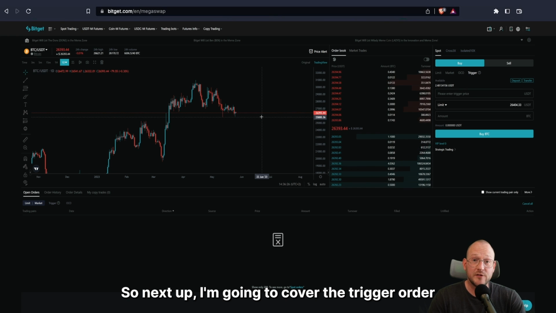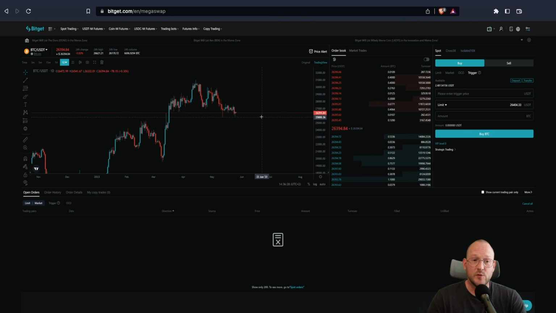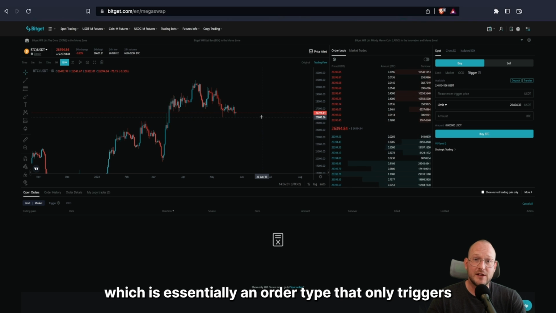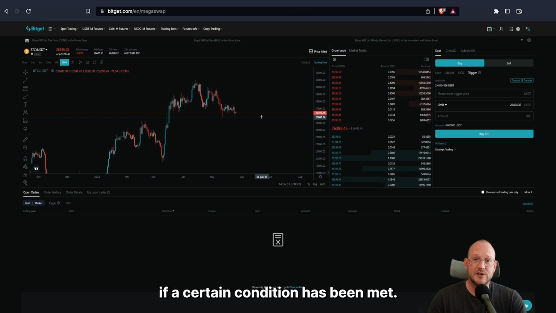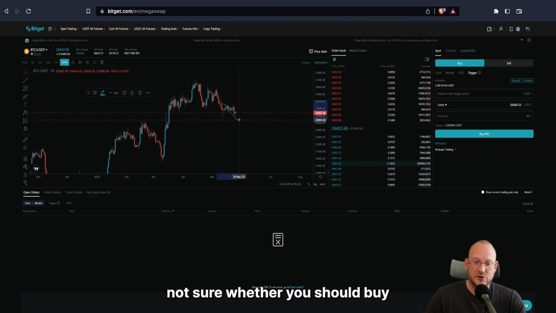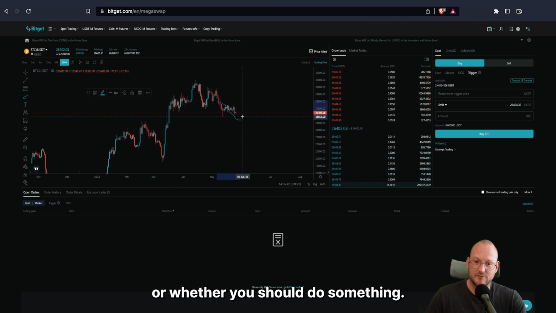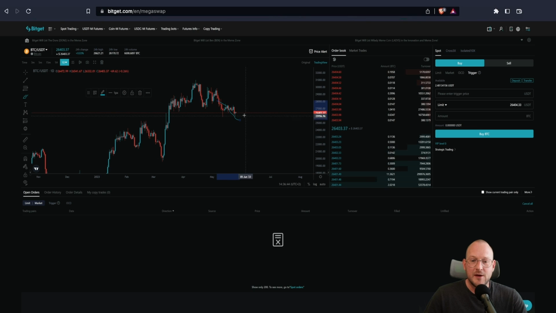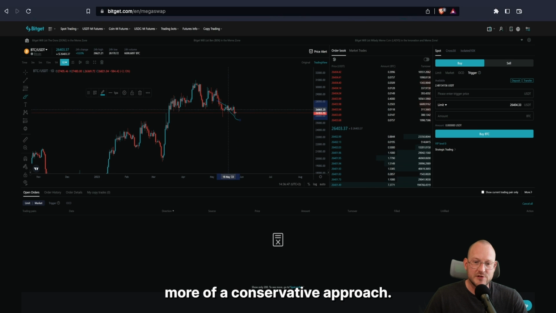So next up, I'm going to cover the trigger order, which is essentially an order type that only triggers if a certain condition has been met. Let's say Bitcoin is dropping down in price and you're at the moment not sure whether you should buy or whether you should do something. Maybe you want to take a little bit more of a conservative approach.